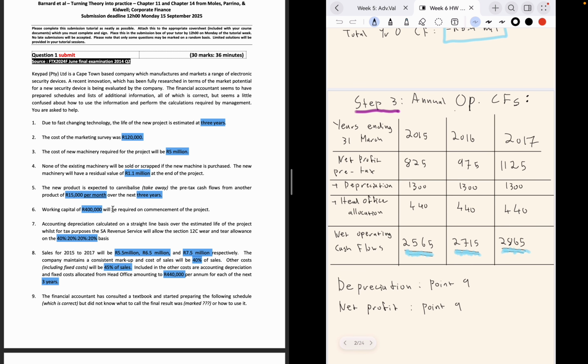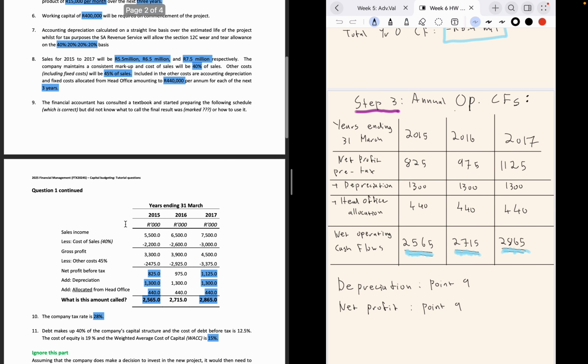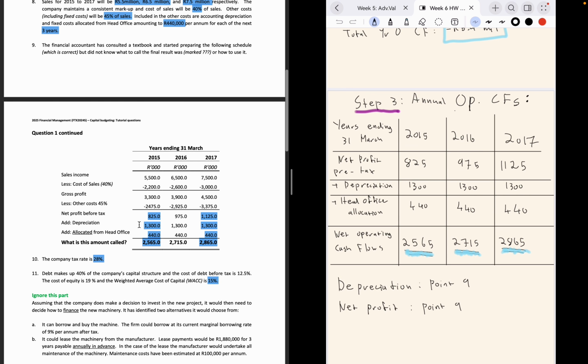Okay, so the third step, let's calculate our annual operating cash flows. So they give us the net profit pre-tax. Let me just go down here. Okay, so for 2015, the net profit before tax is 825. It's 975 for 2016. It's 1125 for 2017. Then depreciation is the same in each year.